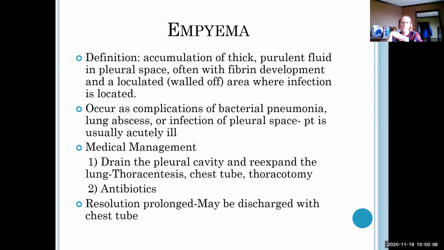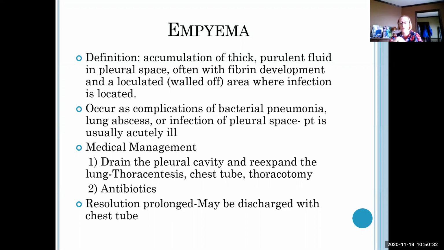They often are very, very sick because it's an infectious process that can make them super sick. Often a complication of bacterial pneumonia or lung abscesses. So they spike high fevers. They need to be on strong antibiotics. Oftentimes they have chest tubes to facilitate the drainage of that area.